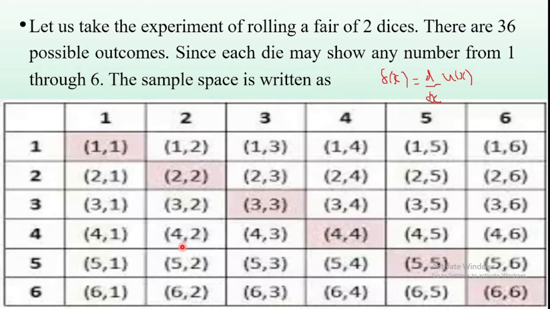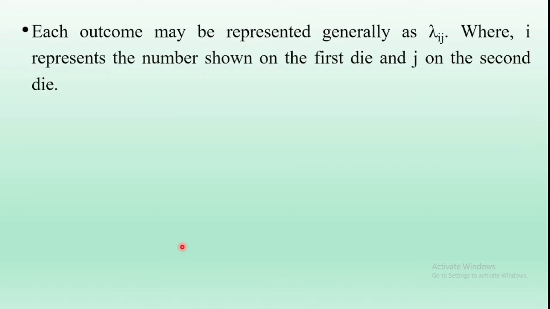Now here in this example, rolling a pair of two dice, there are 36 possible outcomes. Each outcome may be represented by lambda suffix ij, where suffix i represents the number shown on the first die and suffix j is the number shown on the second die.